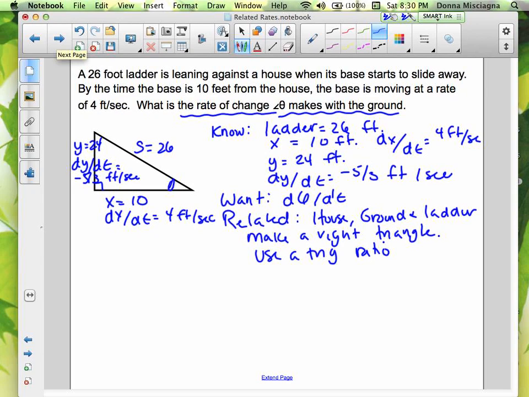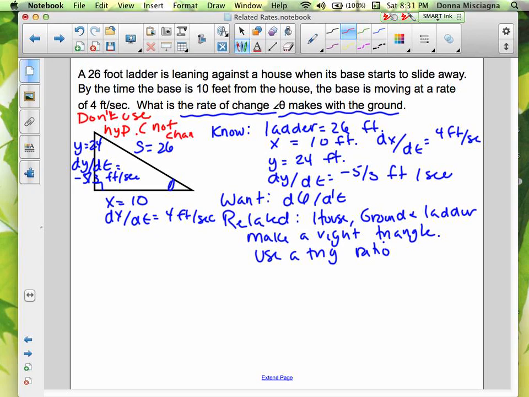The only bad side to use here in our trig ratio is the one that's not changing. So don't use the hypotenuse when you choose your trig ratio, because the ladder's not changing. Okay, that'll be a problem.